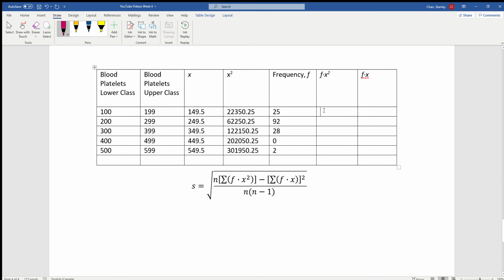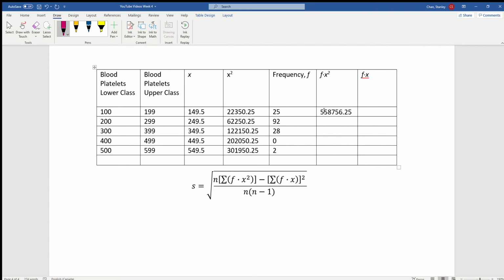So 22,350.25 times 25 equals 558,756.25. The next row is 92 times 62,250. Whoops.